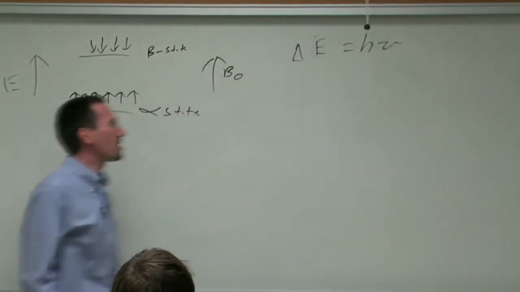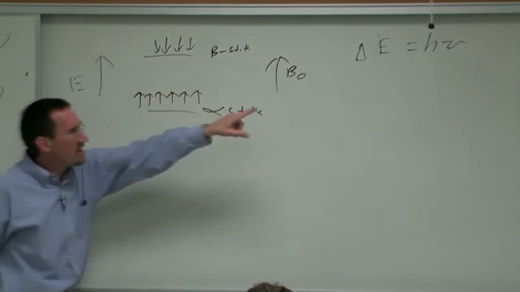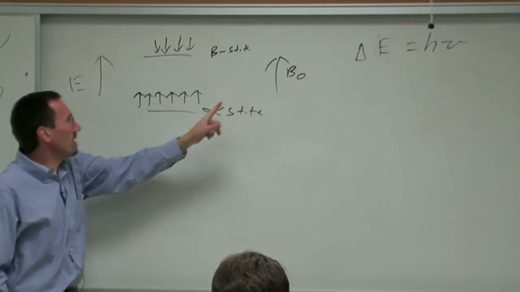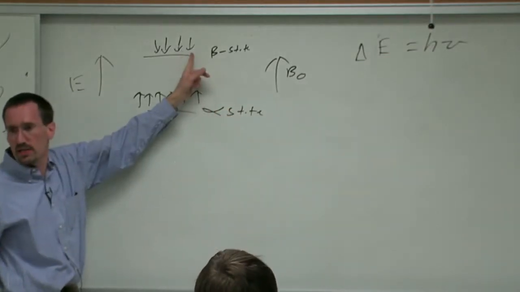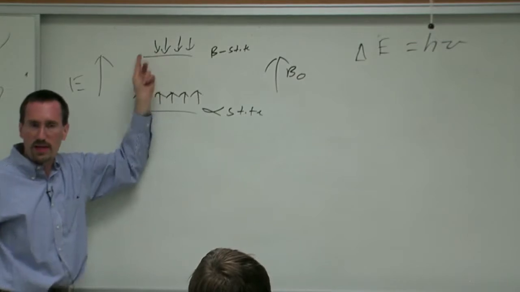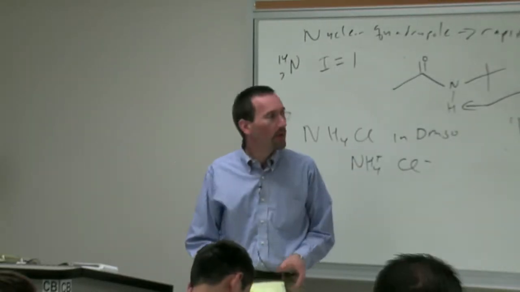In other words, the frequency of a photon to flip a nucleus from the alpha state to the beta state is going to be dictated by that difference in energy, such that delta E equals h nu.